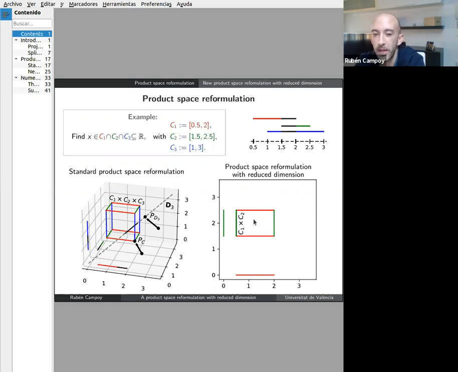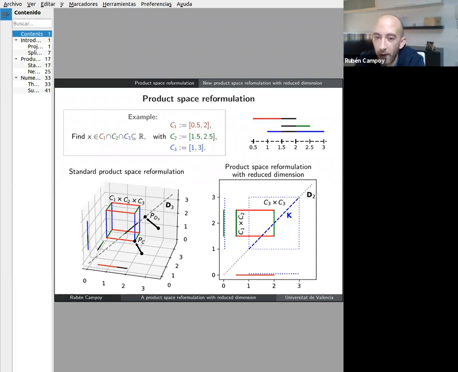And now, in order to build K, we consider the remaining set C3 in both components, and we consider C3 times C3. We also need the diagonal, and the intersection between the diagonal and this product, say this segment, is K.